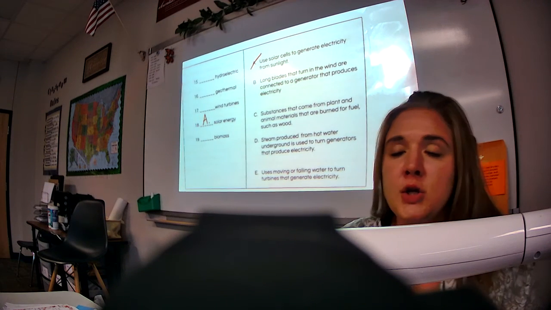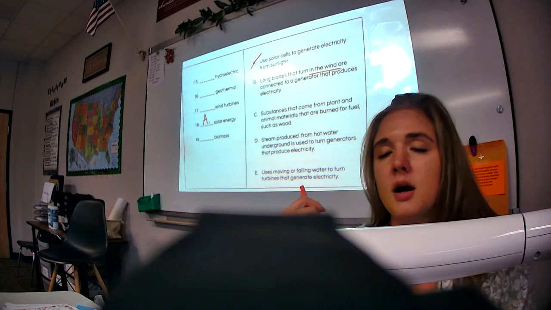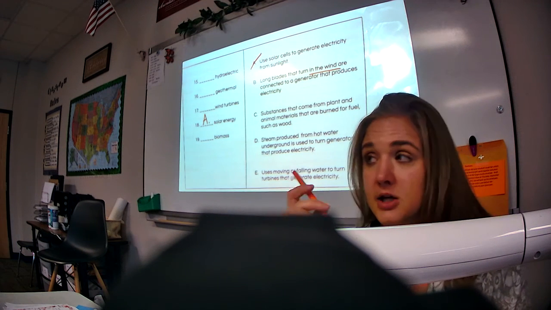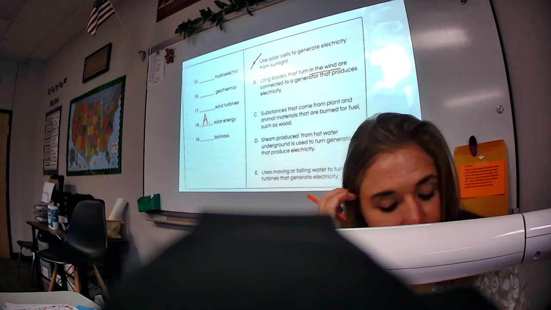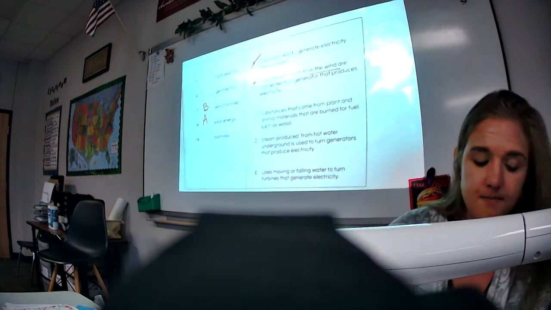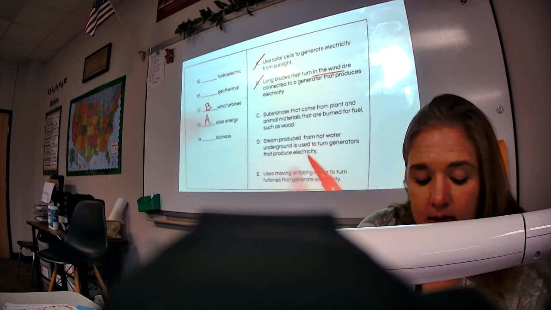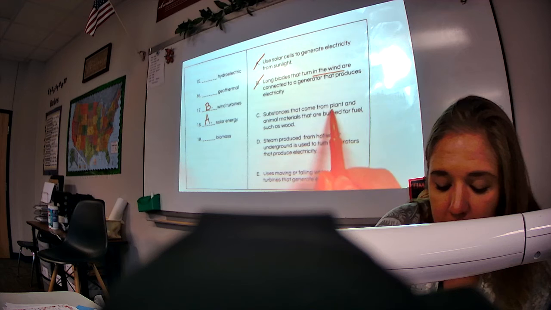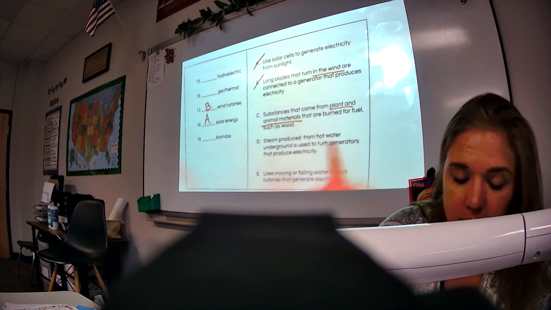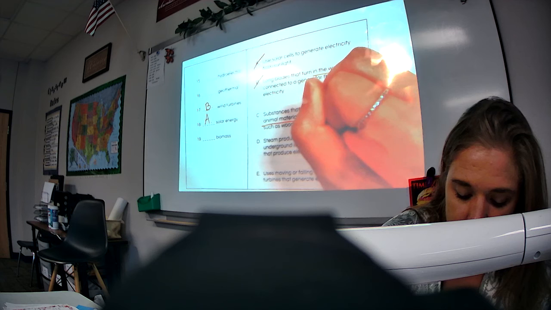Letter B, which one uses long blades that turn in the wind and are connected to a generator that produces electricity? Brooklyn? Number 17. Good. Wind turbines. Okay, C. Substances that come from plant and animal materials. Remember, those are living things. That's your clue.